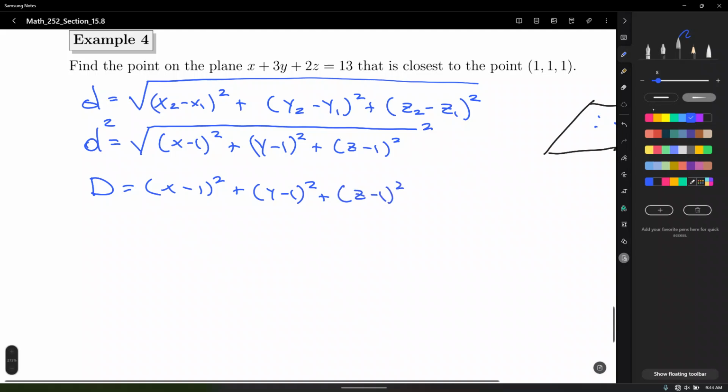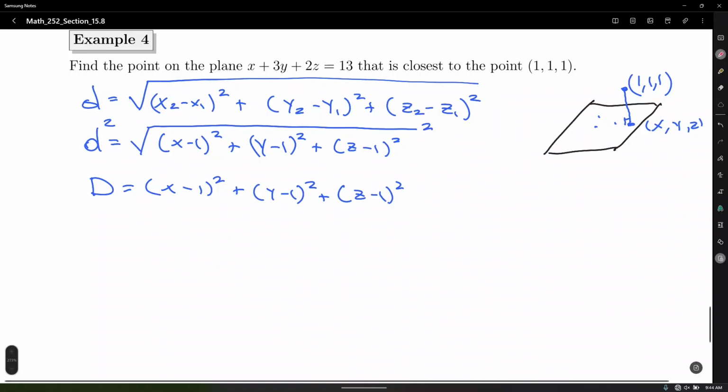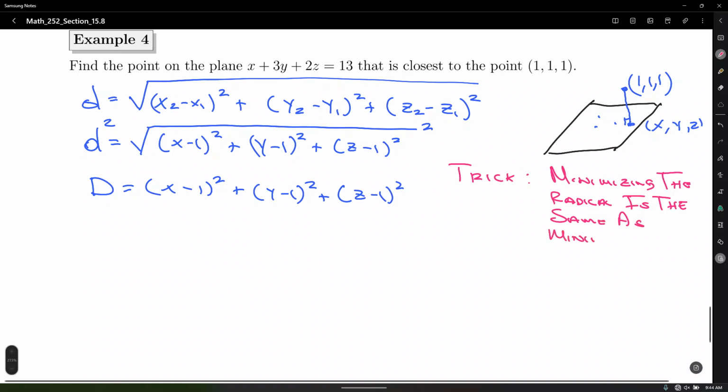Okay, so let me give you a brief description of the trick. Minimizing the radical is the same as minimizing just the radicand.